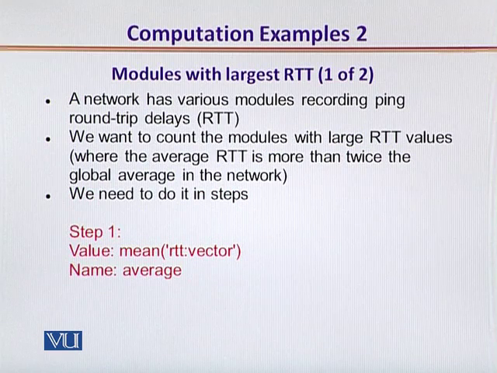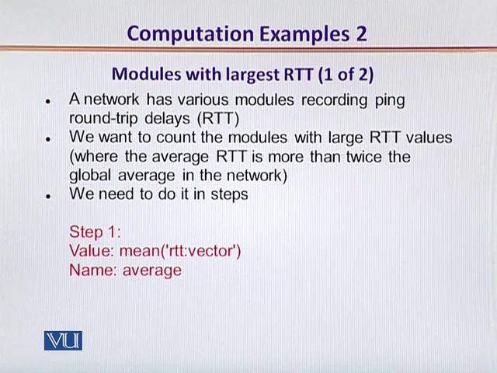Moving on with the examples, if we want to determine the largest round trip time, and we want to measure and identify the module which is giving us the largest round trip time, let's take a look at this scenario to understand that. Let's assume that we have a network with various modules which are measuring the round trip times using ping.